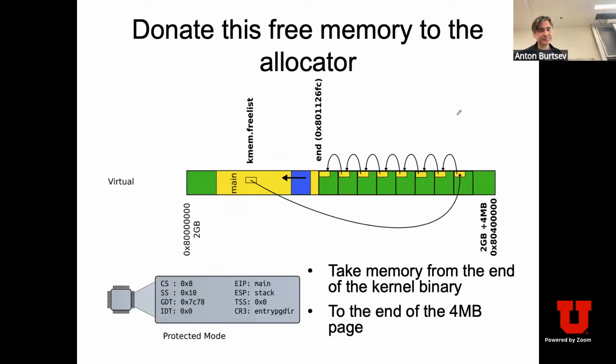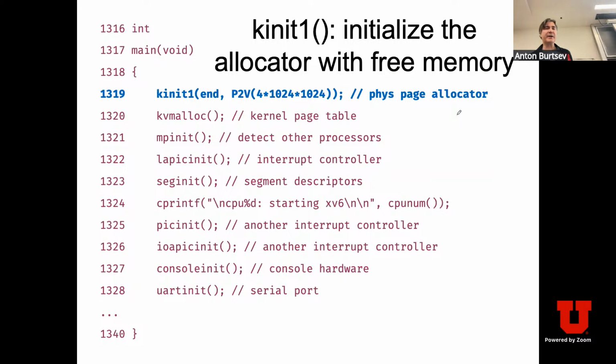At a high level, that's the very first function which they execute inside main, this kinit1, and it adds all available pages from the end symbol to the 4 megabyte. And it's physical addresses. They convert physical addresses from physical to virtual and essentially add from 2 gigabyte plus whatever and to the 2 gigabyte plus 4 megabyte, right?